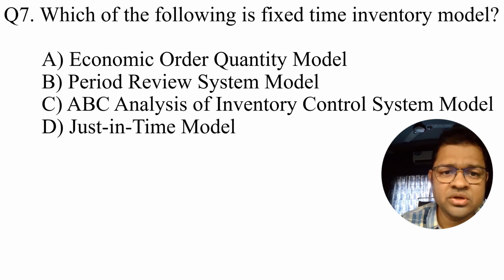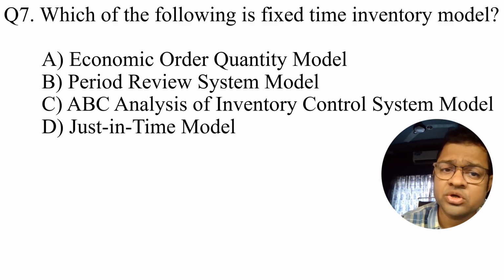Question number 7. Which of the following is a fixed time period inventory model? It means that in a definite time period you have to check the inventory, whether the target inventory has been maintained or not.